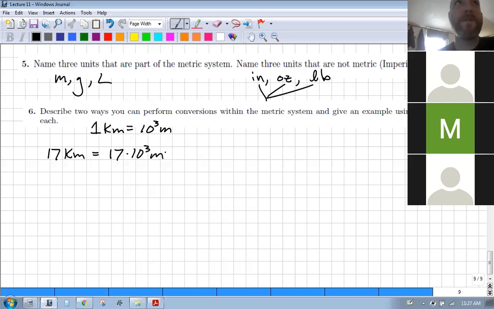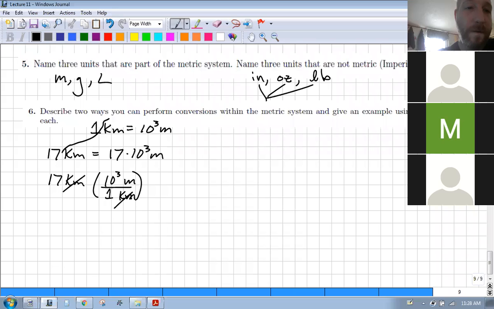So I can do it via substitution, or I could multiply by a smart one to get rid of kilometers in favor of meters. 1 kilometer is 10 to the third meters, and kilometers go away. So those are 2 ways you can do your conversion: substitution, or using a smart one.